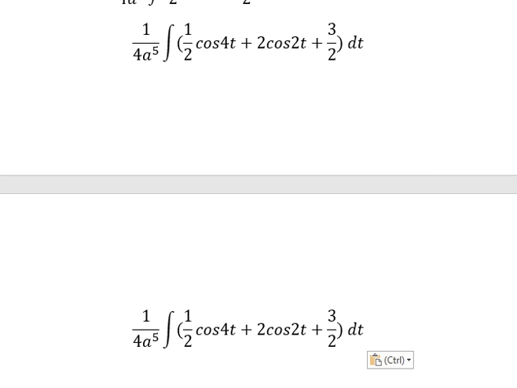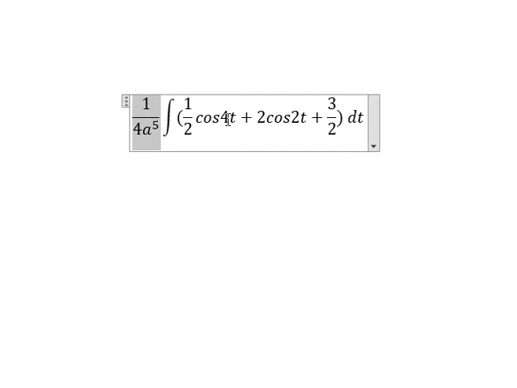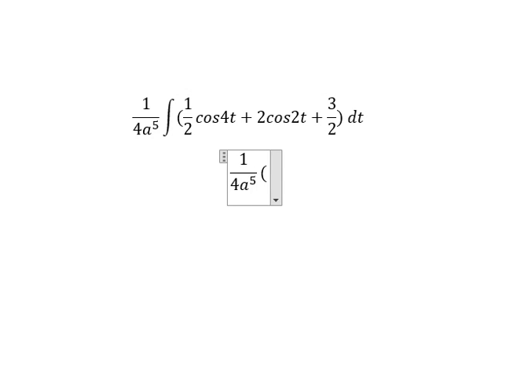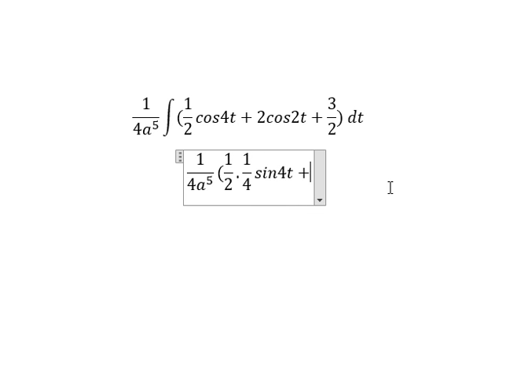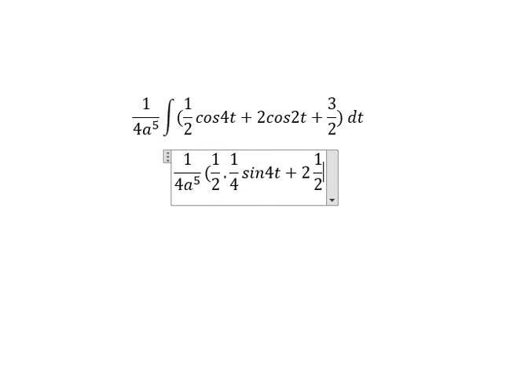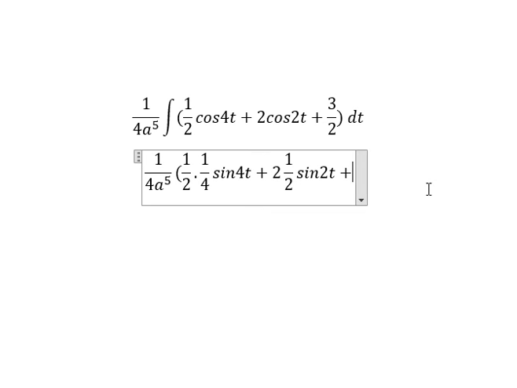And now we have the final answer. The integration of cosine 4t, you get 1 over 4 sine 4t. The integration of cosine 2t, you get 1 over 2 sine 2t.